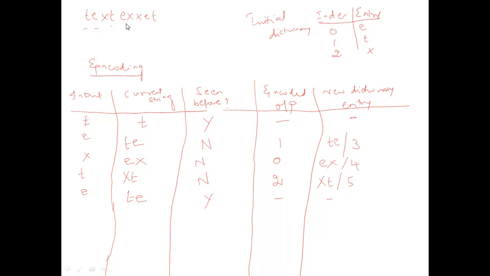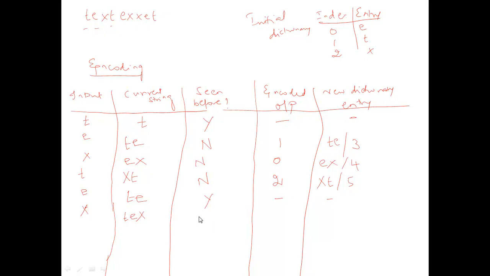The next letter is X. Now what is the current string? Current string is previously whichever is not encoded plus the current input. Now you can see previously not encoded is T also did not get encoded, E also did not get encoded. So TE completely is unencoded. Now the current input is X. So current string is TEX. Whether we have seen before? No, because you can see in the entries TEX is not there.